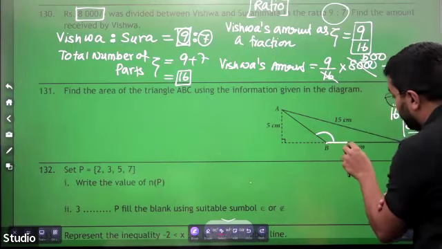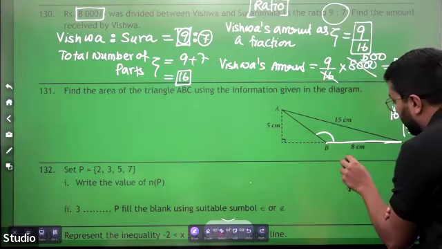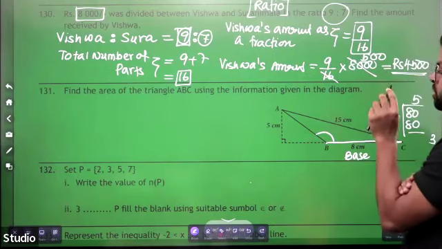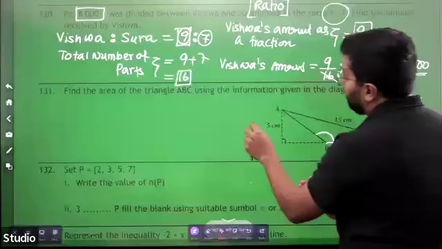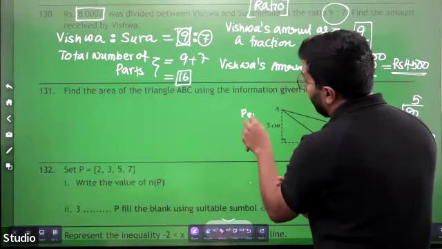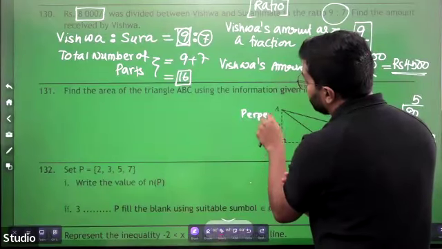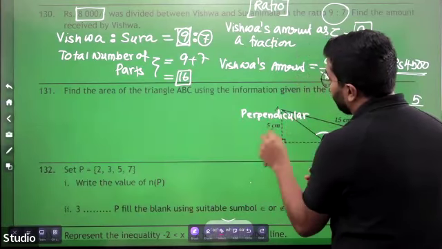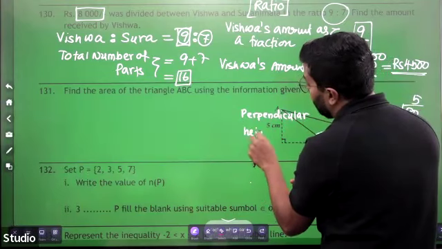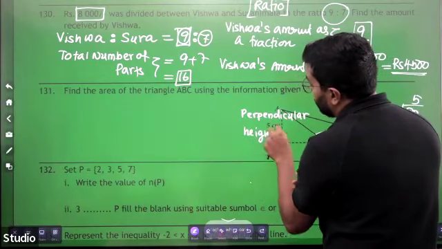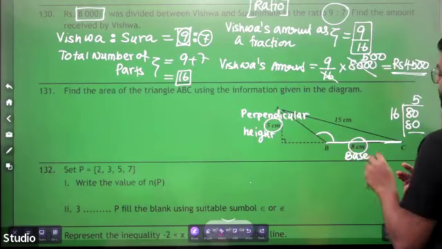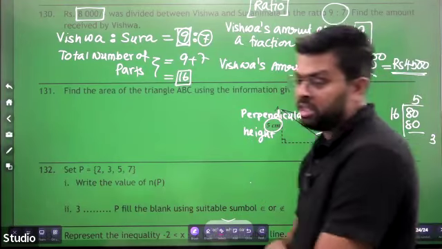Now, if I consider this BC side as the base of this triangle, since this is an obtuse angle triangle, the perpendicular height will be placed outside the triangle. We know that, right? So the perpendicular height is 5 centimeters. Base of the triangle is 8 centimeters.